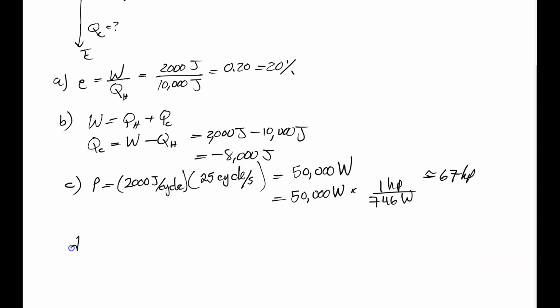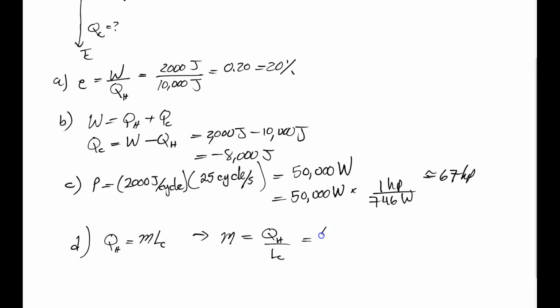For part D, how much gasoline is burned each cycle. The burning is a phase change from liquid to gas, so it's going to be the mass times the latent heat of combustion, which means that the mass is going to be the heat over the heat of combustion.